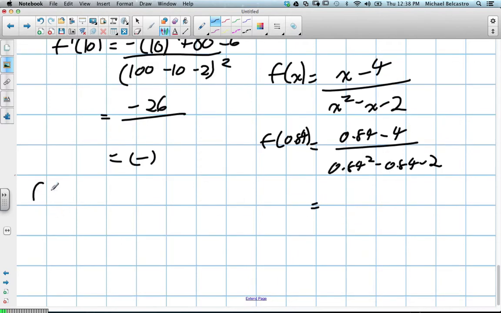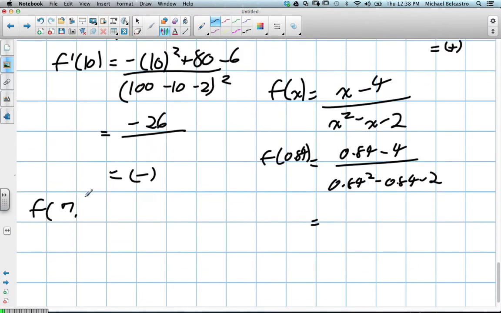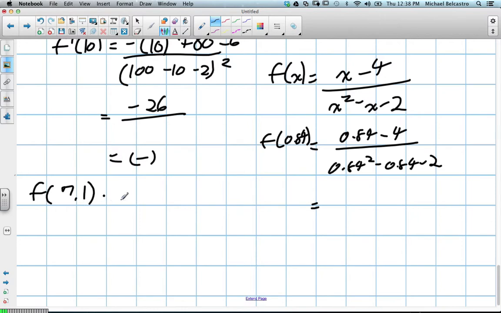And the other one is f at 7.1, was it? f of 7.1 is equal to 7.1 minus 4 over 7.1 squared minus 7.1 minus 2. Anyone give me a value for the first one? A y coordinate? 1.5-ish? That's good. That's about as accurate as I'll be able to estimate. And what about for 7.1?